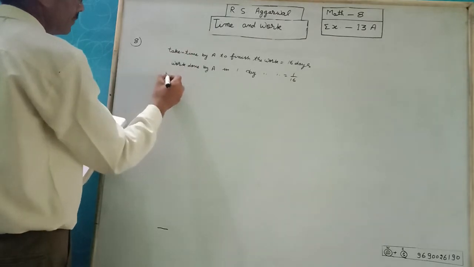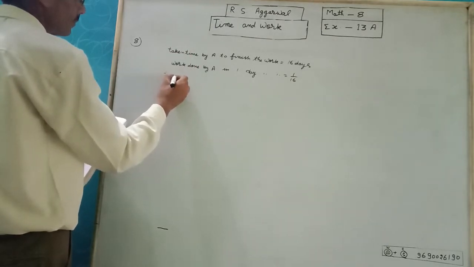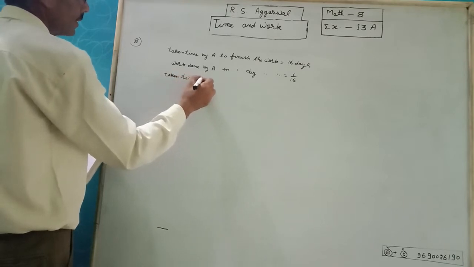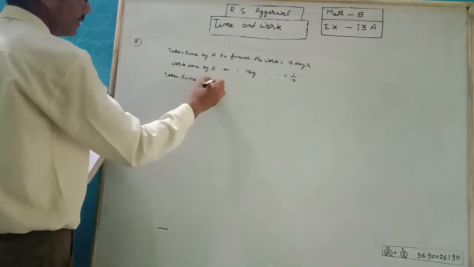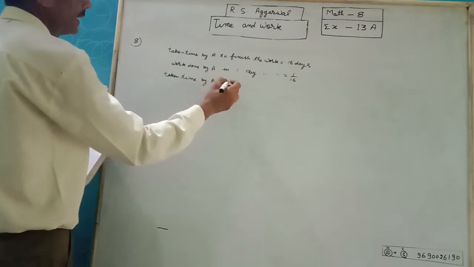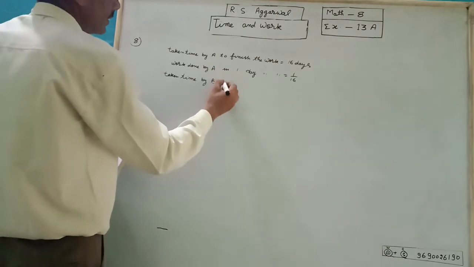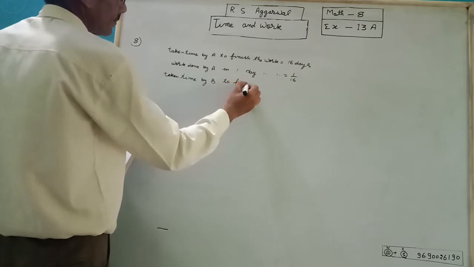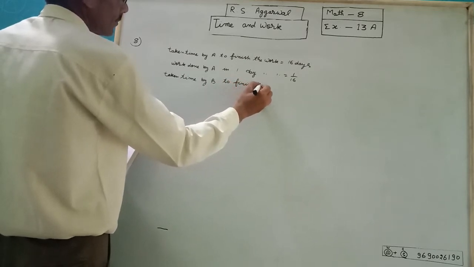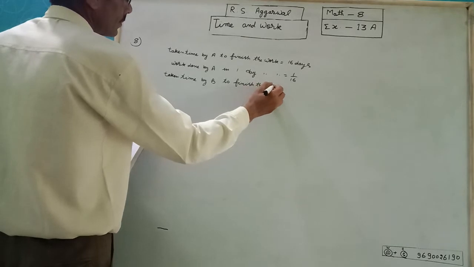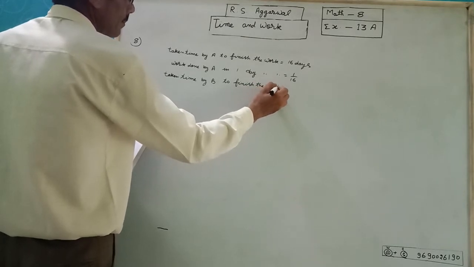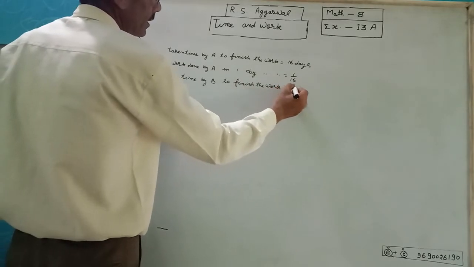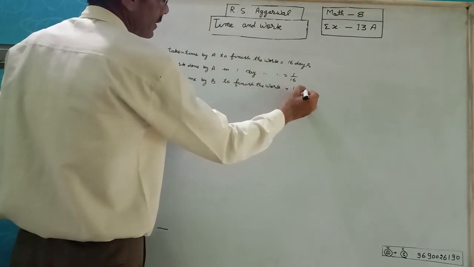Time taken by B to finish the work: B can do the work in 12 days.